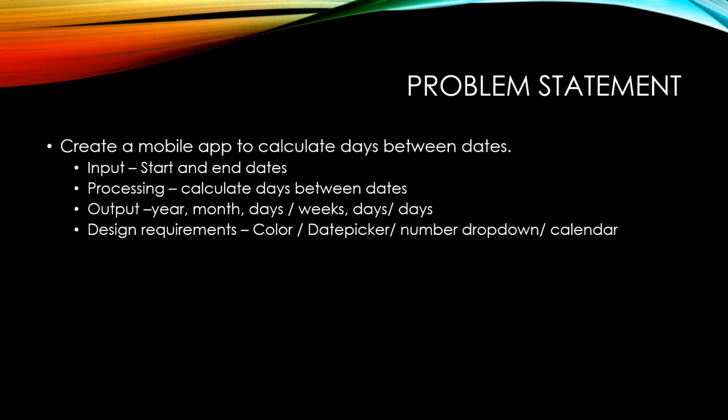There are different ways of getting the input: you can have a date picker, or a number drop down, one each for month, date and year, or you can display a whole calendar. It depends on what you would like to do and how you would like to use the mobile screen space. So you decide how the input would be taken from the user.